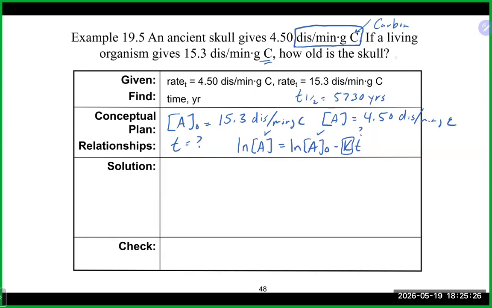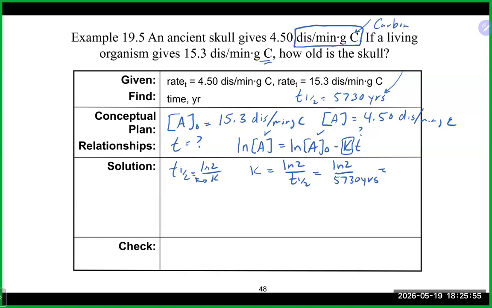Once again, we are missing the decay constant to allow us to solve for it. But knowing that we're talking about grams of carbon, we can use our half-life to figure out the decay constant. Our half-life equation is natural log of 2 divided by the decay constant. Switching places gives us the decay constant, natural log of 2 over the half-life. That's natural log of 2 over, in this case, 5730 years, and we know to use that because we're talking about grams of carbon.